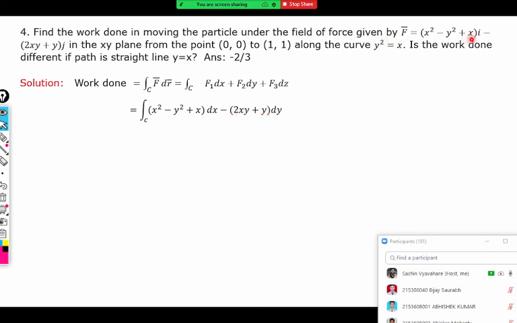Both the curves are in the xy plane only, so there is no f3. F3 is 0, so f3 dz does not come there. So this is the formula for work done for this particular problem. Now we have to find the work done for this parabola. So what should be the next step?